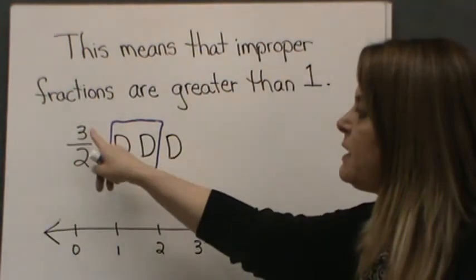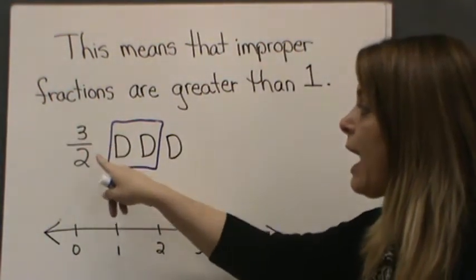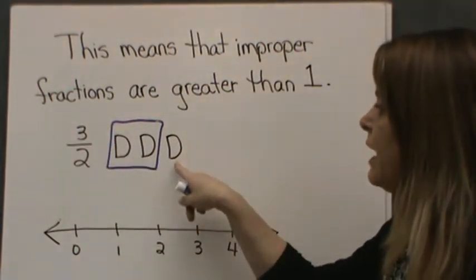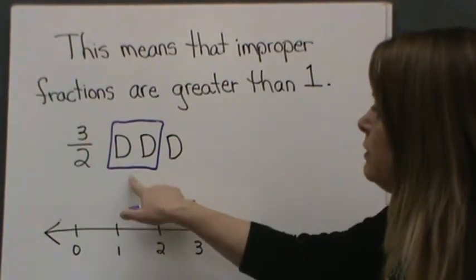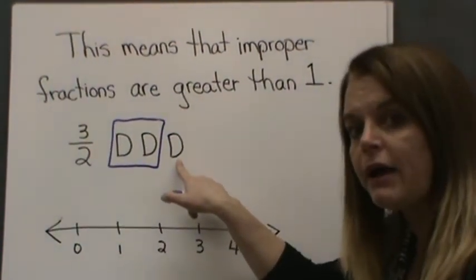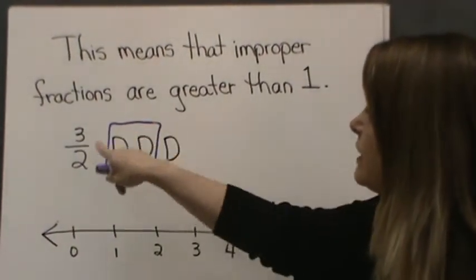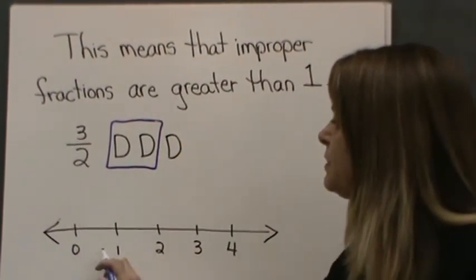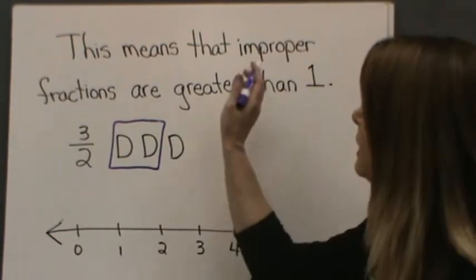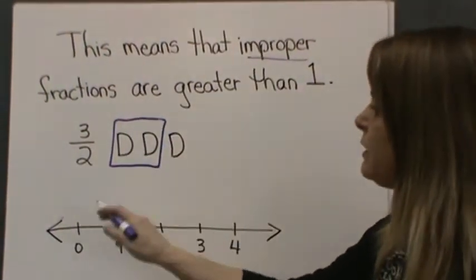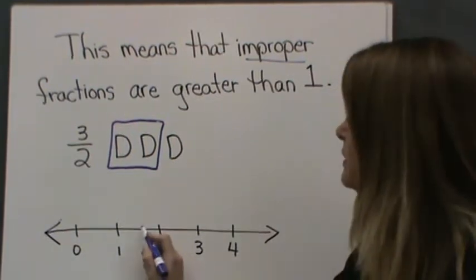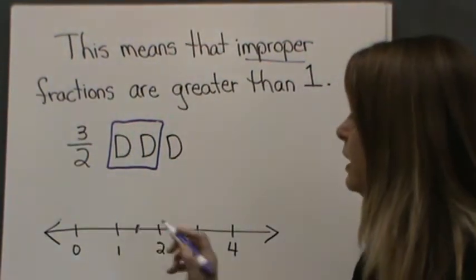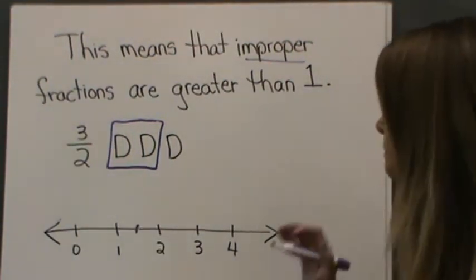But my fraction's telling me that I'm talking about 3/2, so I still have a piece left over. So I have 1, and then I have 1/2 left over. So you'll see that this fraction isn't between 0 and 1. It's an improper fraction, so it's between 1 and 2.